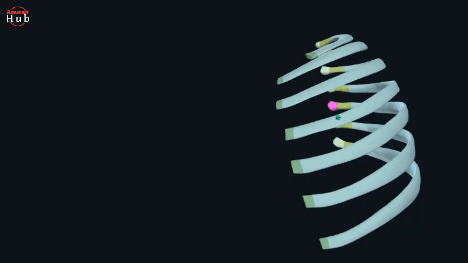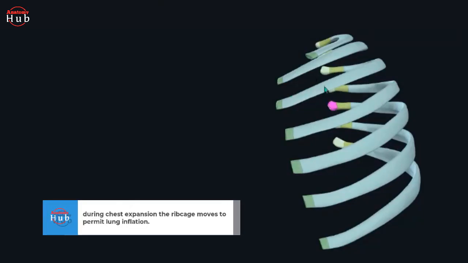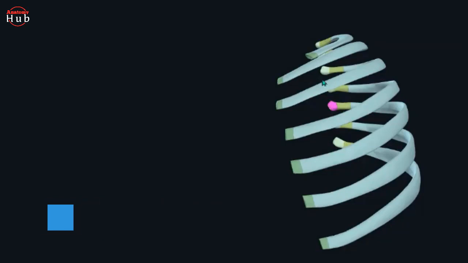During the chest expansion, the rib cage will move and permit the lungs to inflate. So in this tutorial we will study the osteology and the bony landmarks of the ribs, and we'll also consider some clinical correlations of rib injury. Clear?